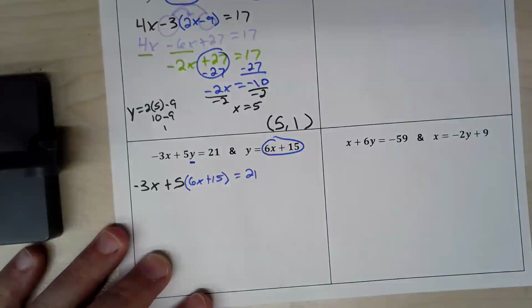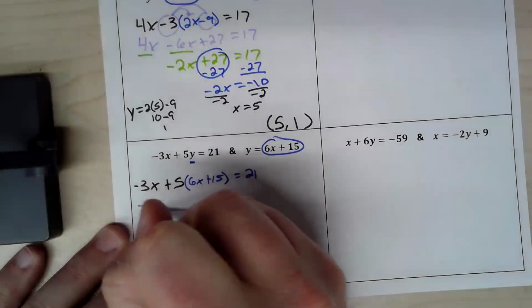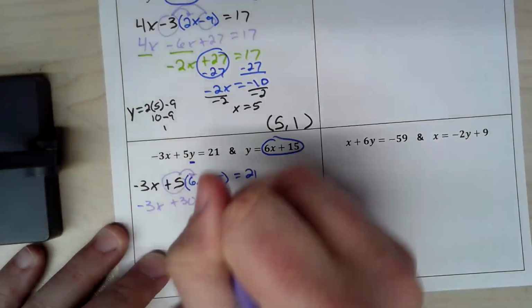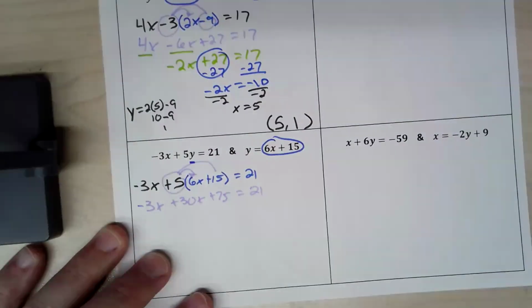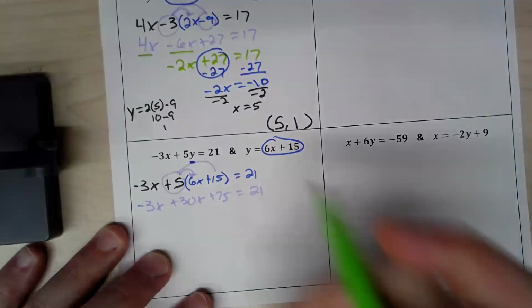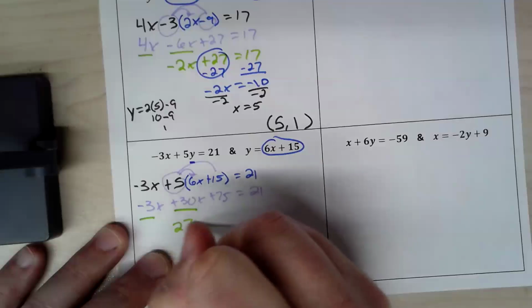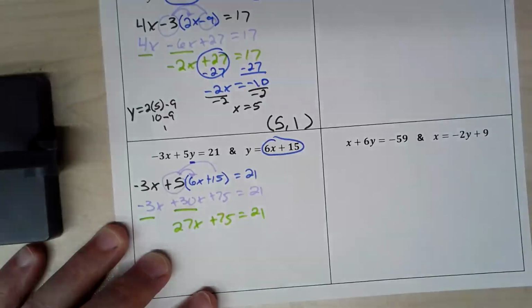All right, well, now I'm going to solve this thing. Distribute. I get 30x plus 75 equals 21. So now I combine my like terms. Negative 3 and positive 30 make 27x plus 75 equals 21.